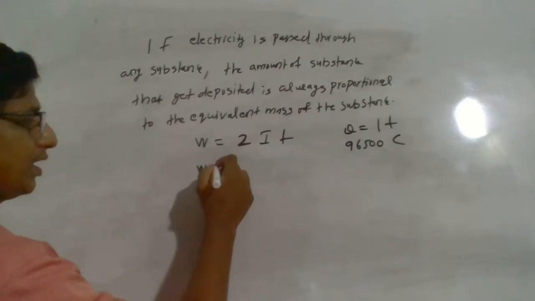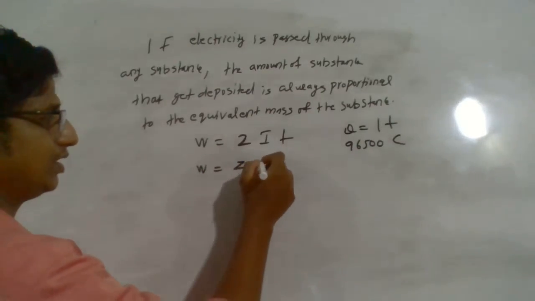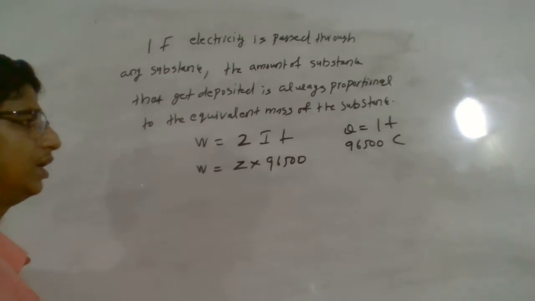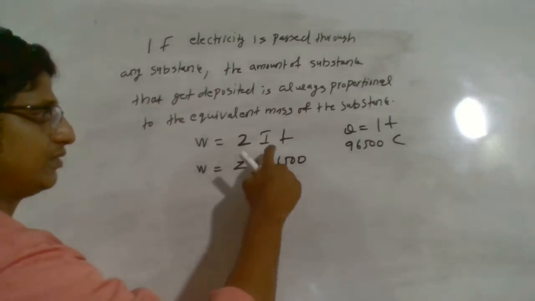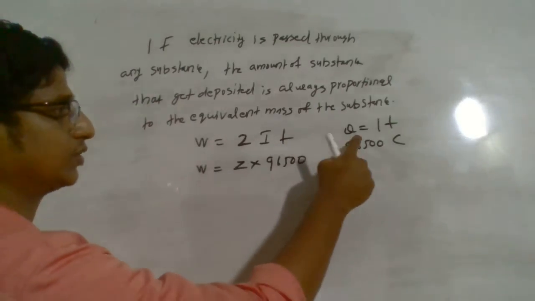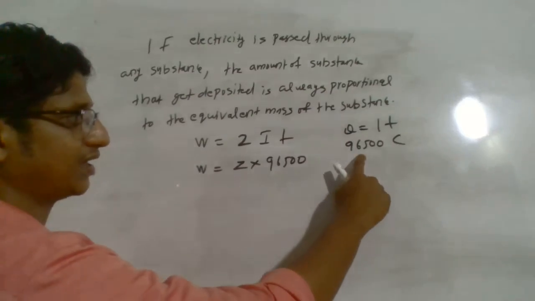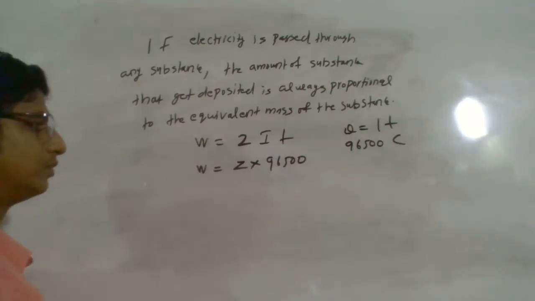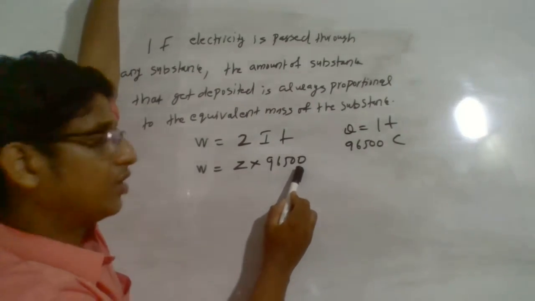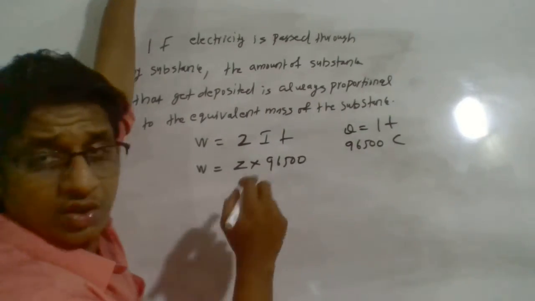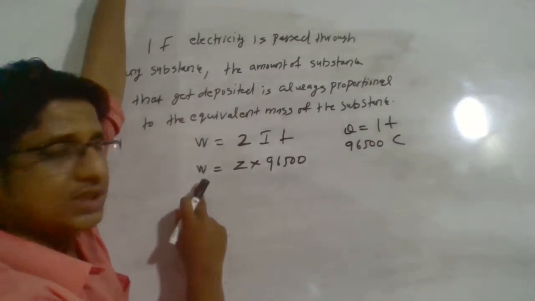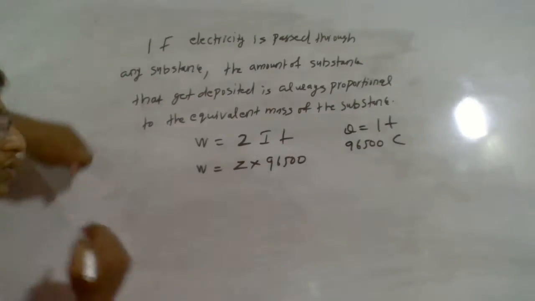So I imagine 1 farad electricity is passed through the solution. So I put IT is equal to Q, which is equal to 96500 coulomb. Now, it is observed that when you pass 1 farad electricity, or 96500 coulomb of electricity, the mass of substance deposited is always equal to the equivalent mass.